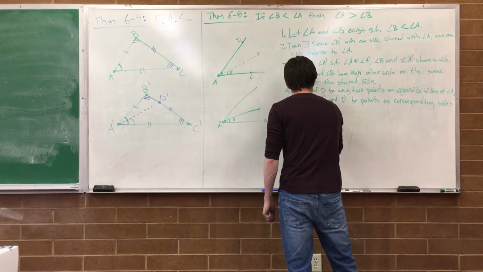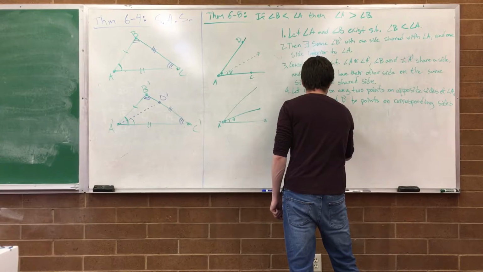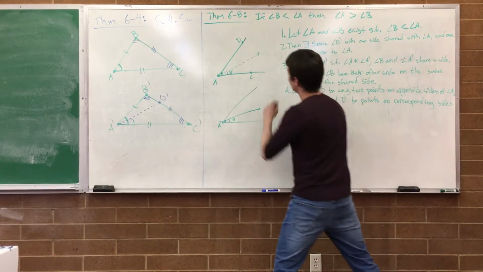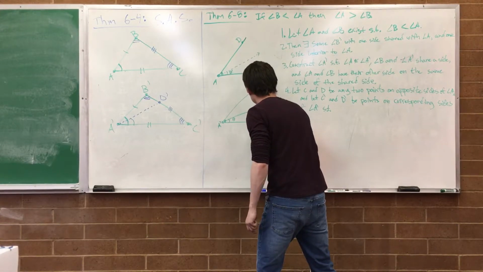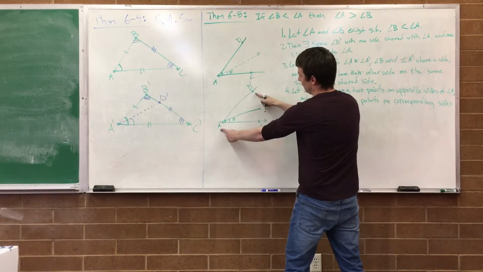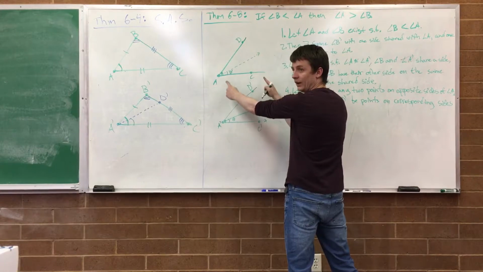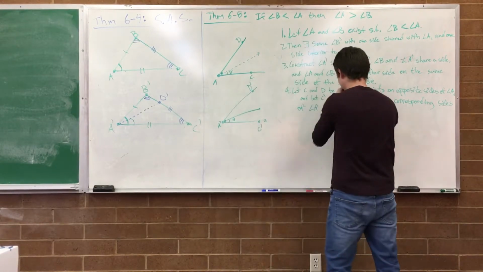of angle A prime such that, so I'm saying put those points there, and put D prime and C prime here, so that A prime D prime is congruent to AD and A prime C prime is congruent to AC.